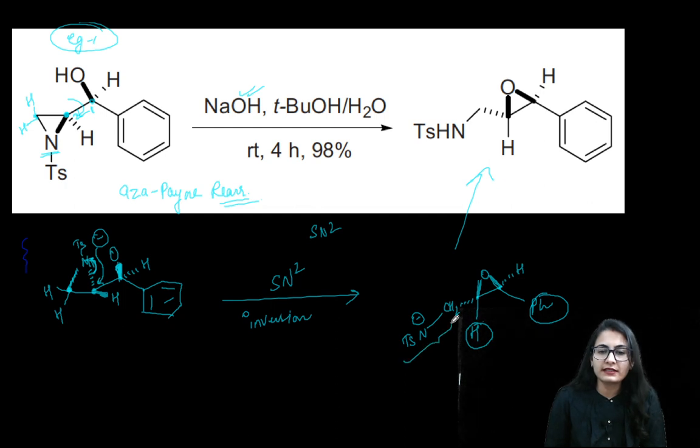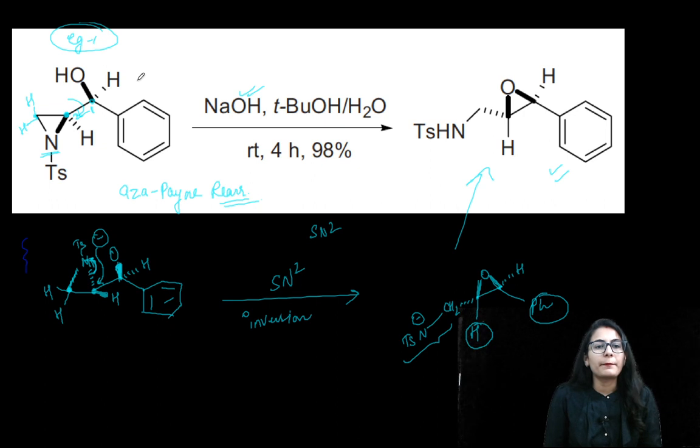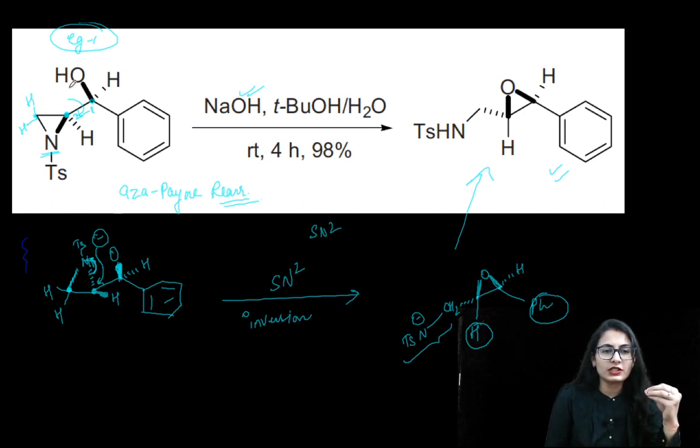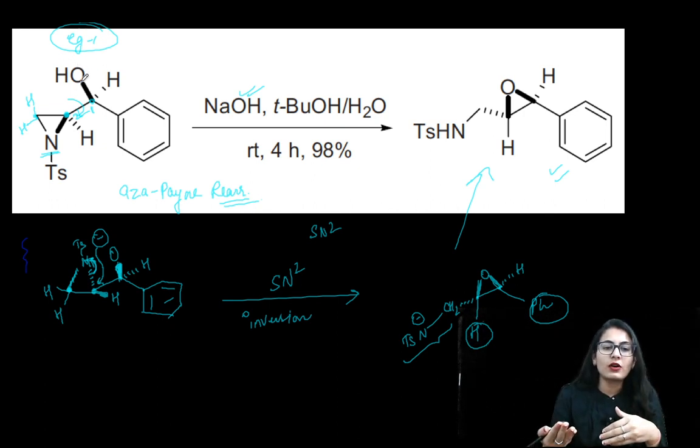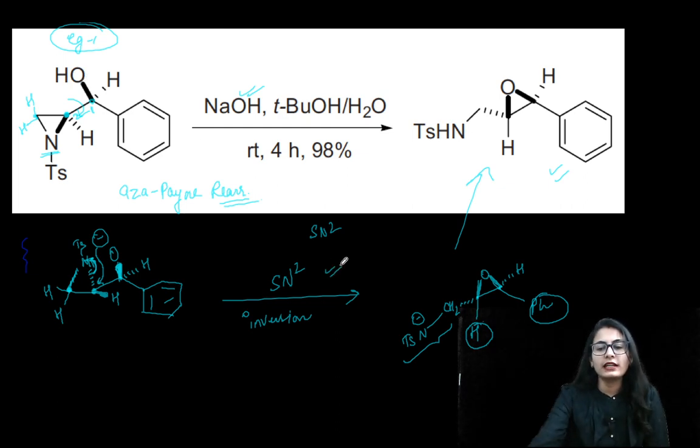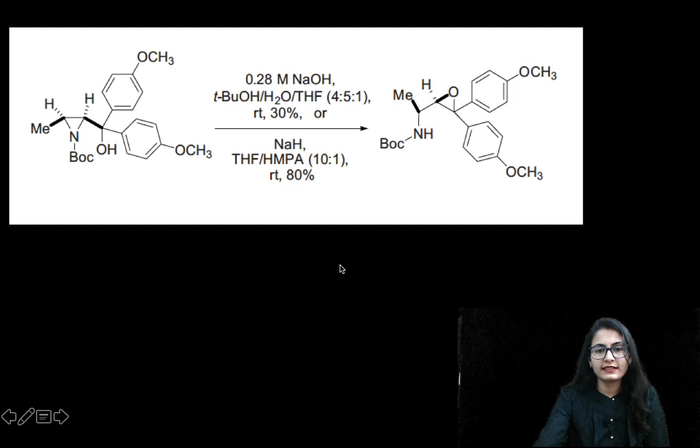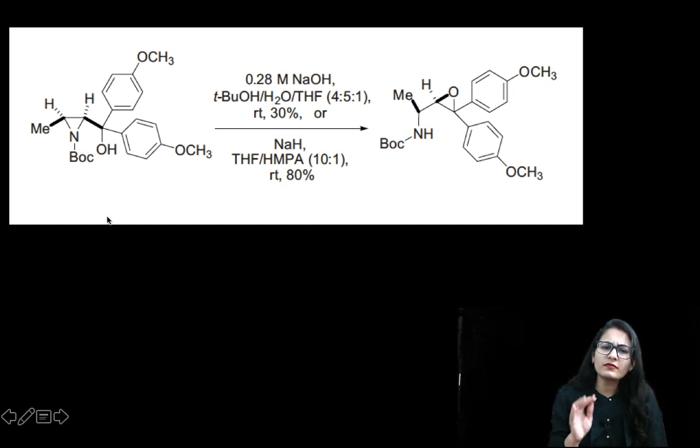That makes sense, and that is why hence the stereochemistry. So always try to put the oxygen and the nitrogen on the opposite side so that the SN2 attack is possible. Now we move onward and we see another example over here, another very similar example, as you can see.